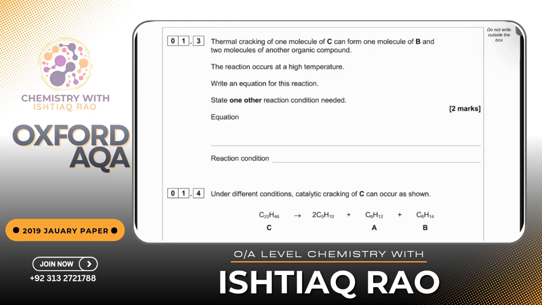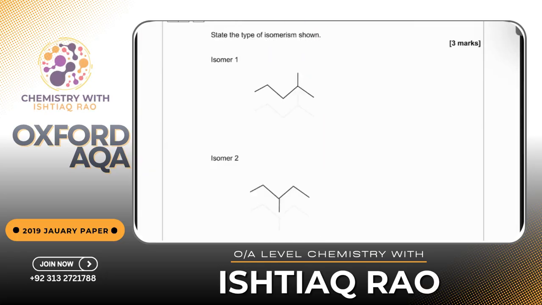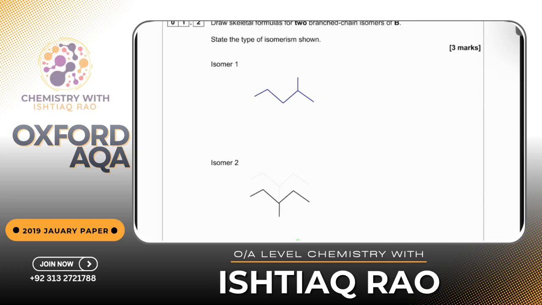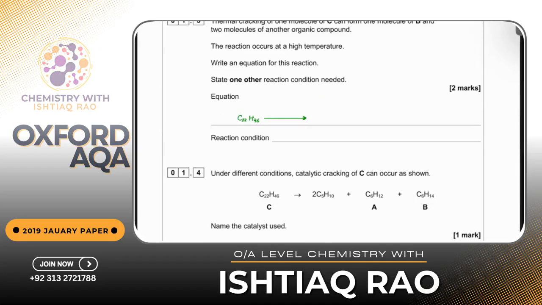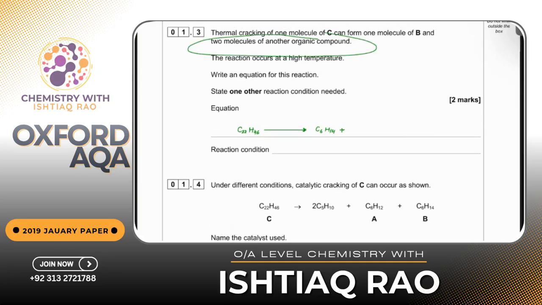When I crack it, C22H46, they are saying it forms one molecule of B. The molecular formula for B is C6H14, plus two molecules of another organic compound.